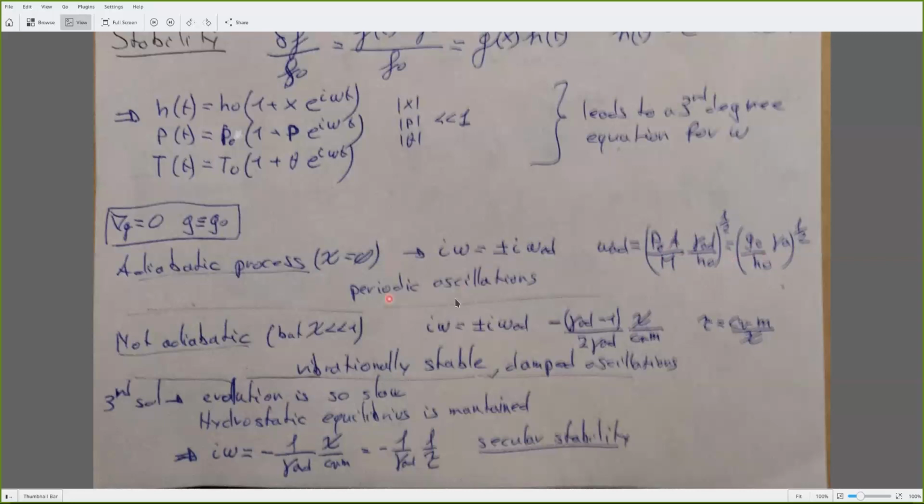This is the case of periodic oscillation. So a stable equilibrium: you give a little push, and the piston just goes up and down, up and down, continuously with small variation, small oscillation as classic.